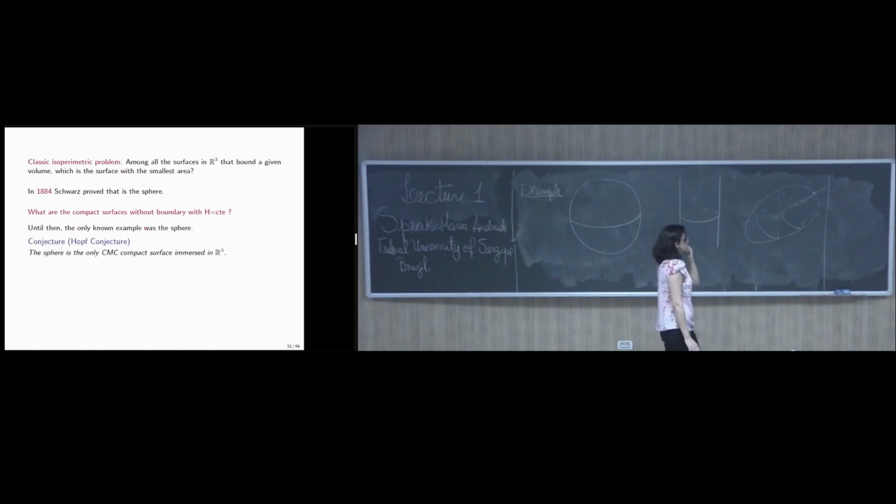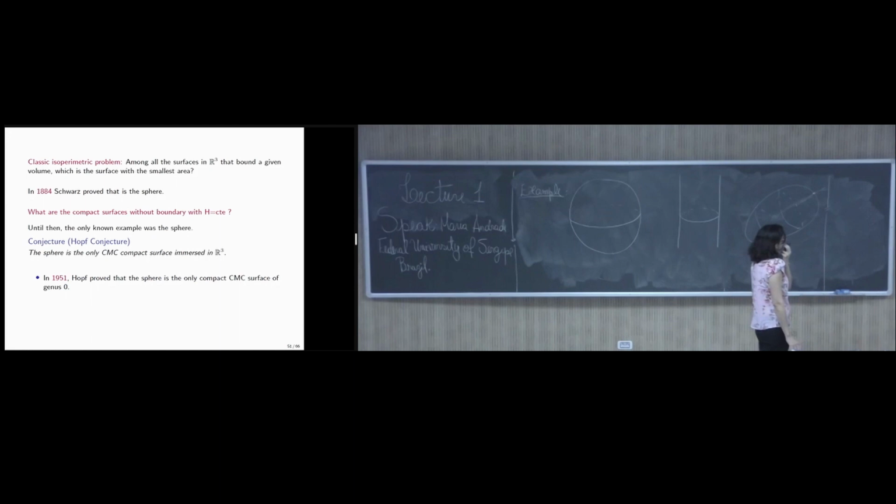Then you remember what I spoke a few minutes before about the conjecture of Hopf, who proved that the sphere is the only compact CMC surface with genus 0.